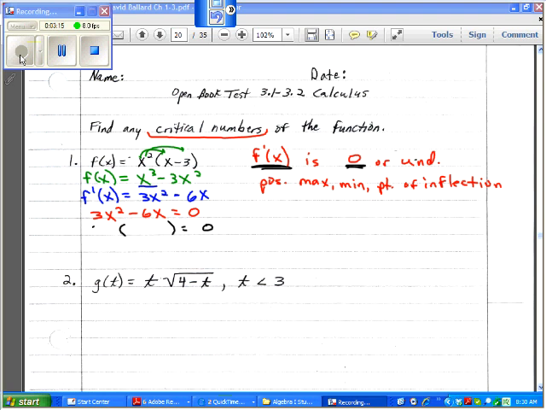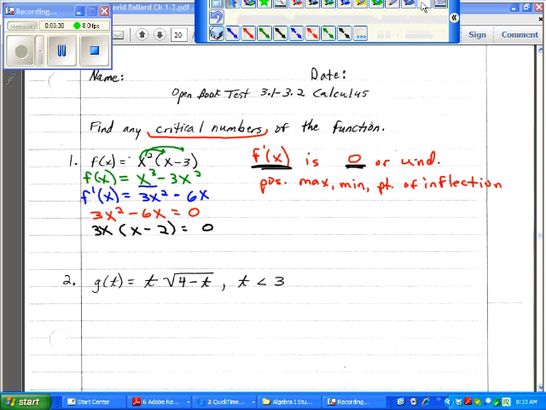So we can factor out a 3x, so 3x times x would be 3x squared, and then 3x times negative 2 is negative 6x.